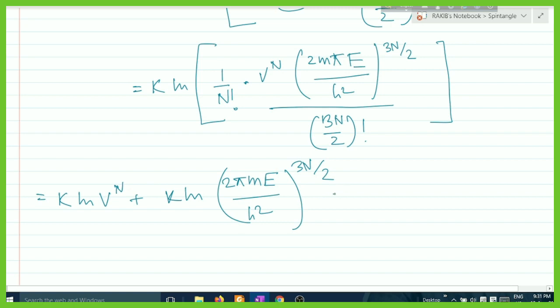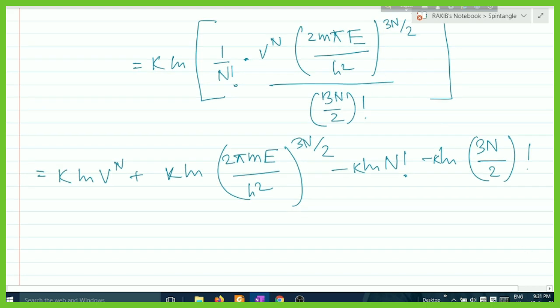There will be two negative terms, because they are in the denominator, with a negative sign of ln: ln n factorial minus ln of 3n by 2 factorial, each with k. I think this is correct.